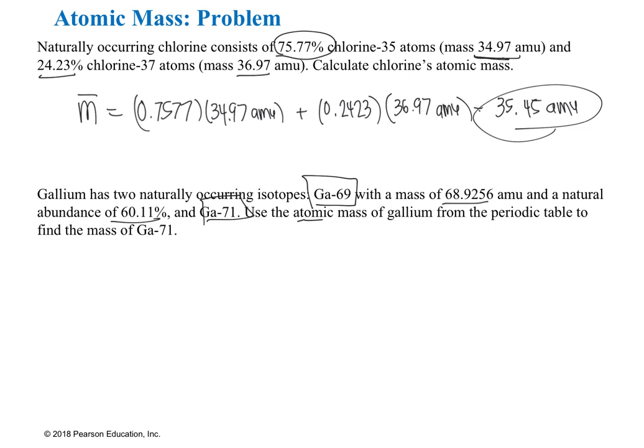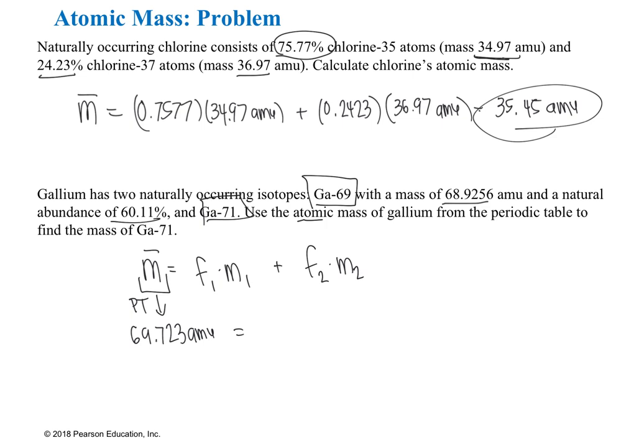So note, I'm going to use the equation average mass equals the fraction of one isotope times the mass of that isotope plus the fraction of the second isotope times the mass of the second isotope. I only have two here, so I could use that. Now, if we look at the periodic table, the average mass of gallium is 69.723 AMUs.